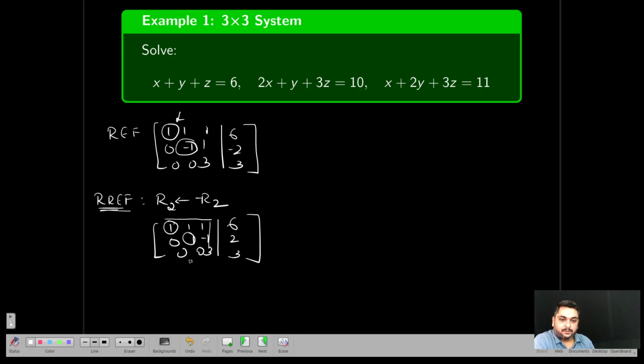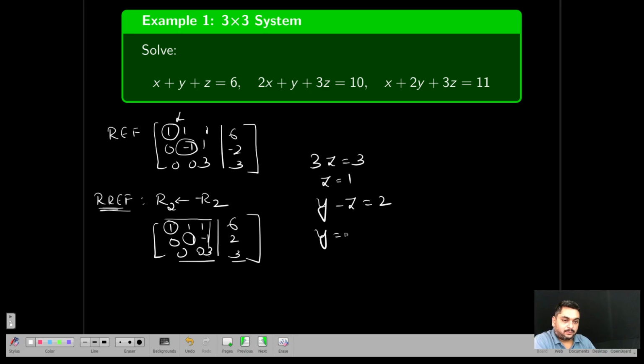Okay. So now I need not do back substitution here. Directly I can get the result. What is this? 3z equal to 3, because this row is 0, 0, 3, 3. So z equal to 1. Then I have y minus z equal to 2.